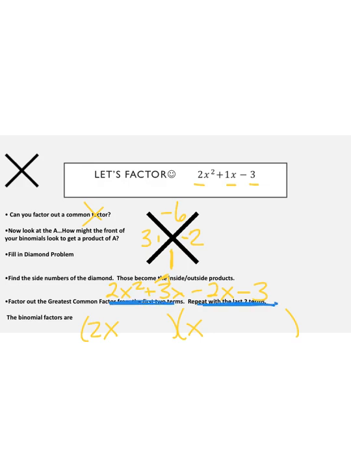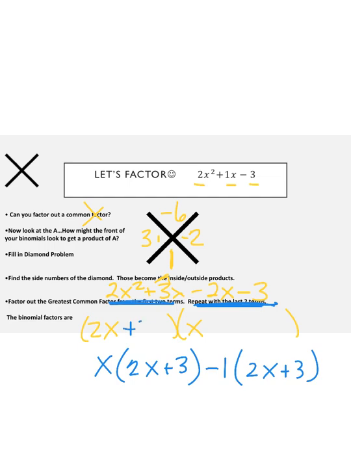So we look at the front, and the front says that I can take out an x, and I'm going to get 2x plus 3 left. And this one, I can take out a negative 1, and I'm going to get 2x plus 3. So this factor is 2x plus 3, and the other one is x minus 1.